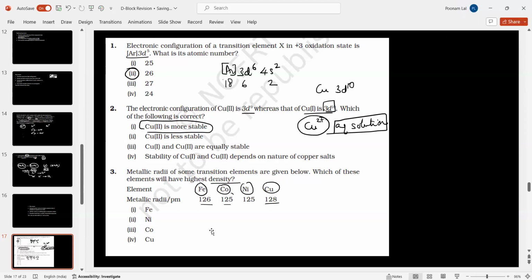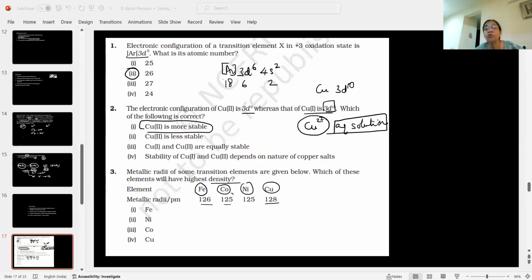Third. Copper is iron mass. Option 4. See, we have to find the highest density, it says, is of copper.